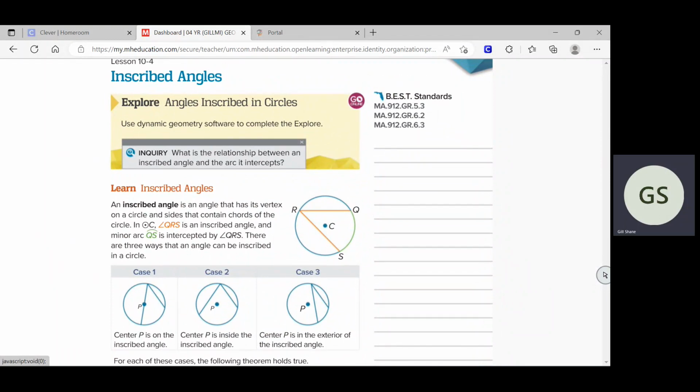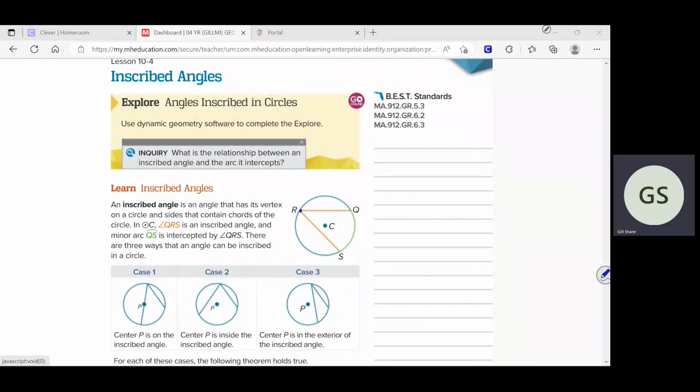So an inscribed angle, or really the definition, look up those meanings sometimes like that. The word inscribed when it comes to circles, or probably other parts of geometry, but mainly for circles, means the vertex is on the circle.